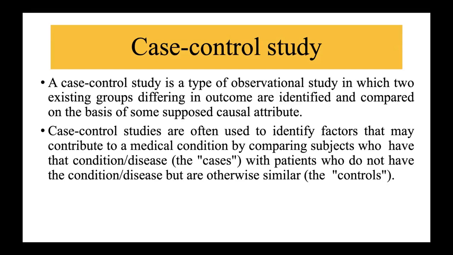A case control study is a type of observational study in which two existing groups differing in outcome are identified and compared on the basis of some supposed causal attributes.